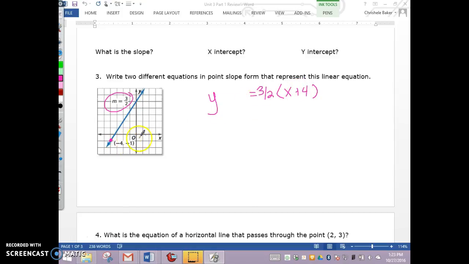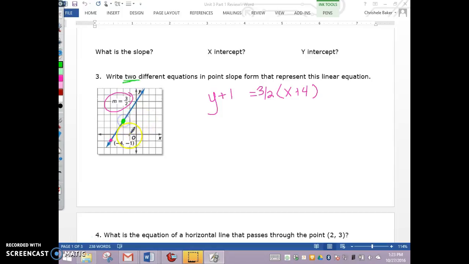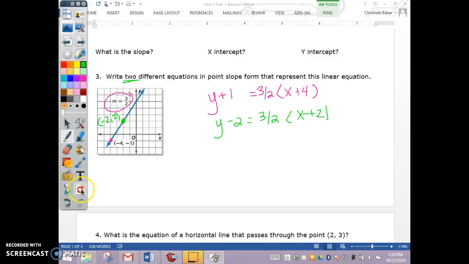Y minus my y value also gives me a plus. Now, I said write 2 of them. So I'm going to pick another point right here. There's a good one, -2, 2. So I have y minus my y value equals my slope, x minus my x value, which is really a plus, negative, negative. 2 different ways to do it.